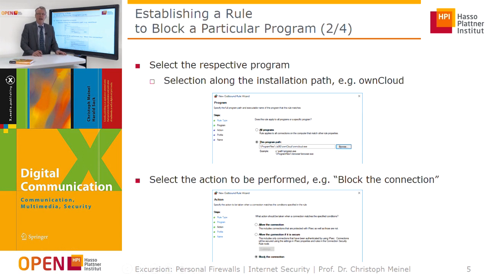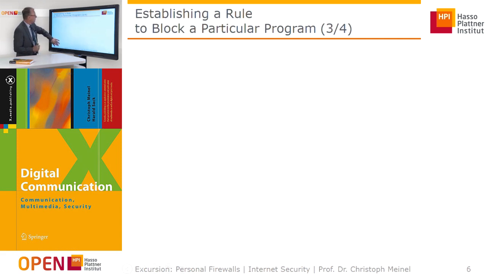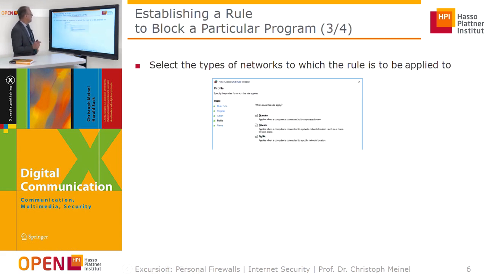And then you have to select the action to be performed. For example, block the connection. So you see here are different choices to select an action, and we select block the connection. Then we have to select the type of networks to which the rule is to be applied.